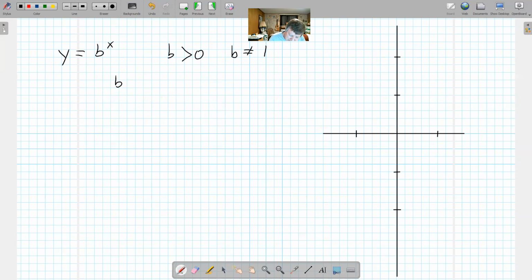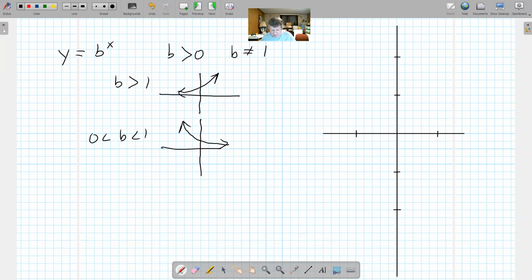If the base is greater than 1, we get a graph that is increasing over its entire domain. If the base is less than 1 but greater than 0, we get a graph that's decreasing over its entire domain. Forgot what I was going to say there. All right. In all these cases, there's a y-intercept at (0, 1) and no x-intercepts.